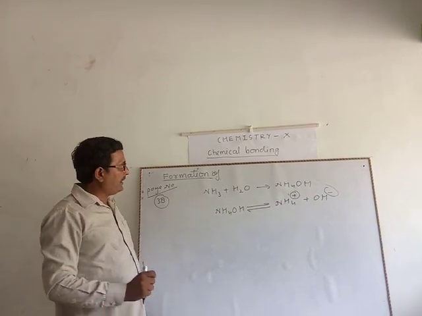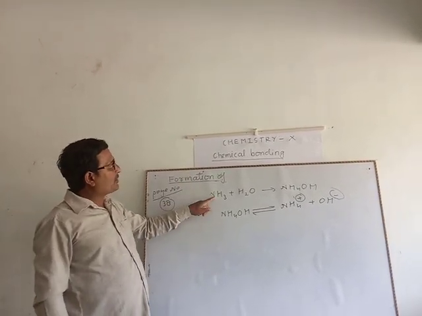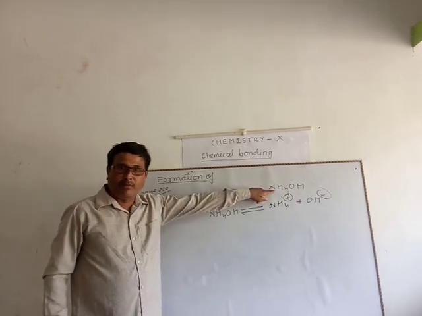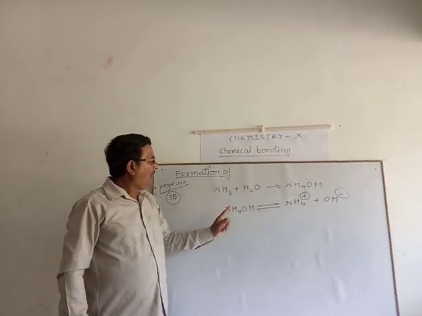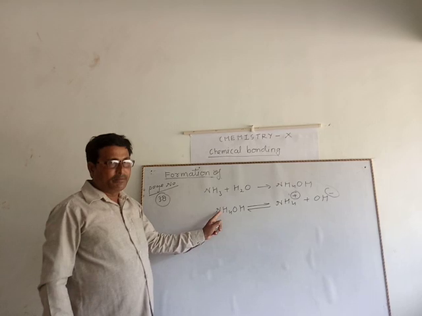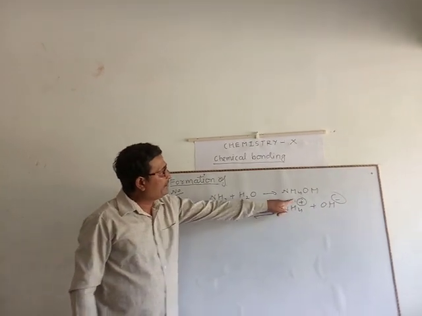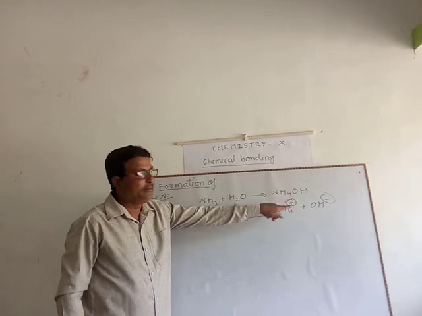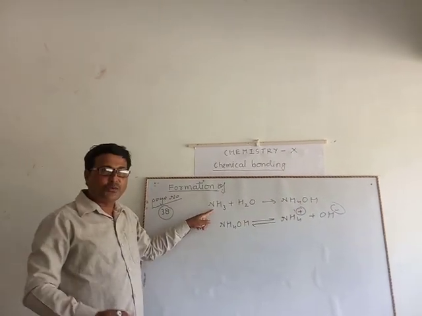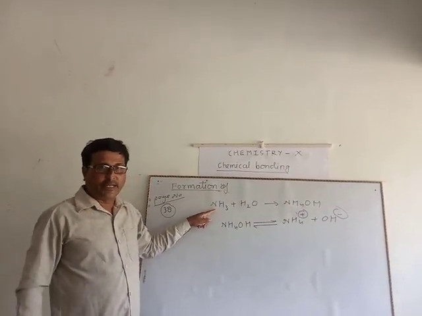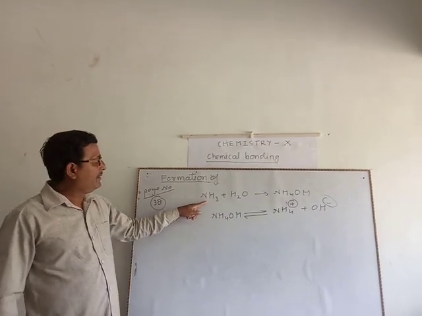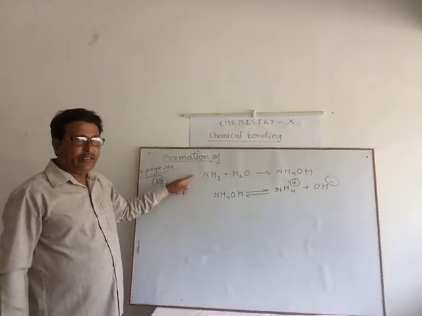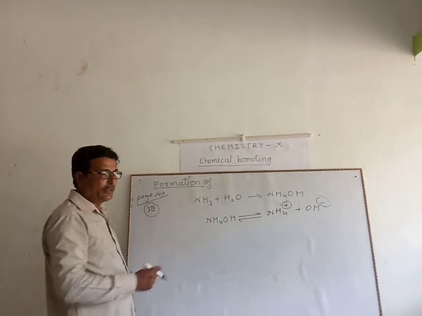If you want to write the answer: the solution of ammonia forms ammonium hydroxide. After ionization, ammonium hydroxide gives ammonium ion and OH ion. Due to the presence of these ions, the ammonia solution is a weak electrolyte. Give the reason, first question. Okay, that is the answer. If you want, you can write the reaction also.